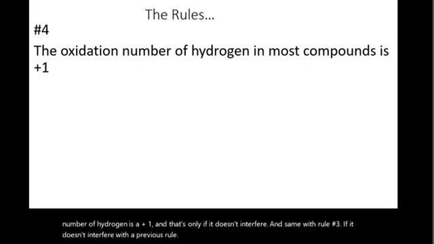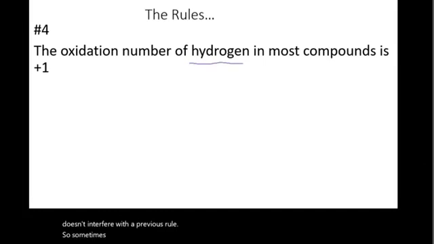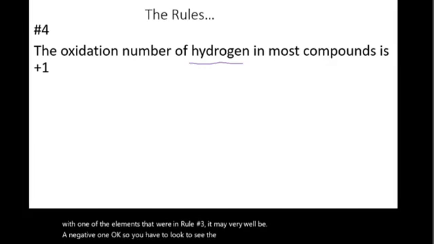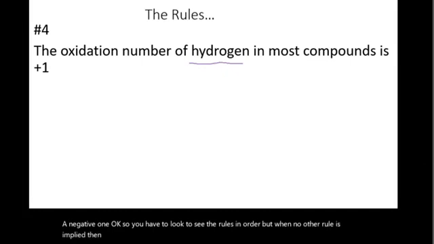So sometimes hydrogen will not have an oxidation of +1, and that is if it's in combination with one of the elements that were in rule number 3. It may very well be a -1, okay? So you have to look to see the rules in order. But when no other rule is in play, then the oxidation number of hydrogen is a +1.